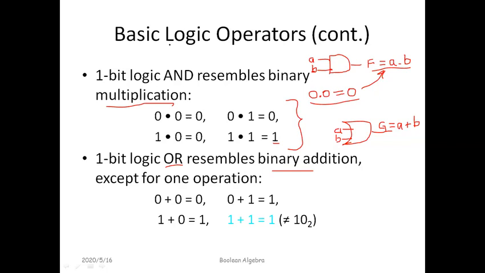But when we are dealing with basic logic operators, we get a 1. So a 1 is simply here implying high, not necessarily the sum of two bits, but it's a logic operation. So the 1 here implies high.